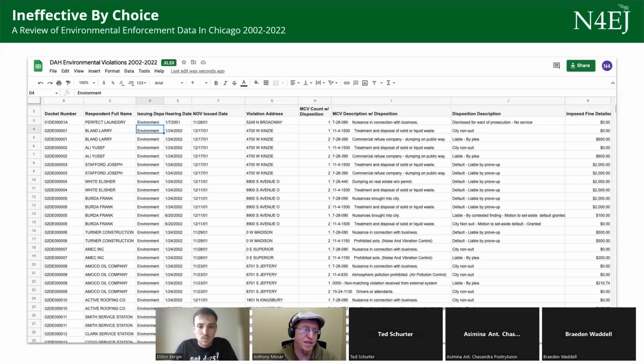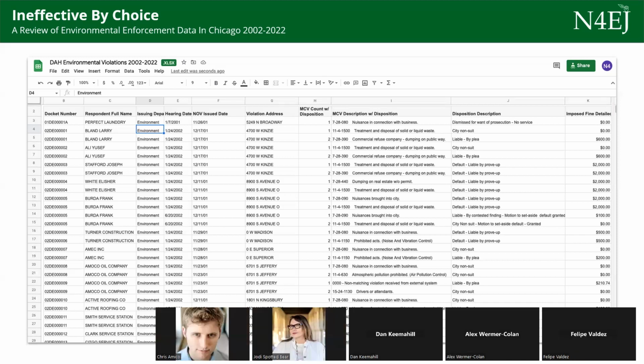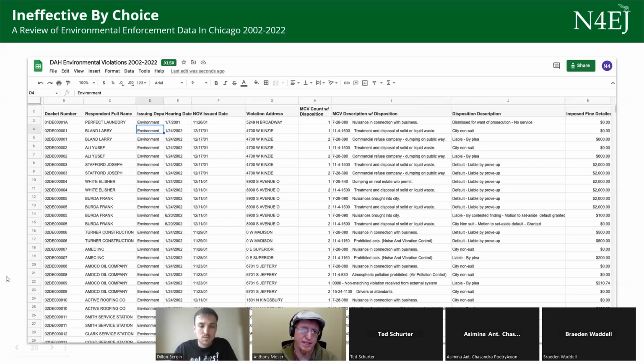Now what you can see here is that the data they gave me back is hearing level data. At least in Chicago, the way it works is that if you've got a company and they get inspected, and they're found to be in violation of a few different laws, say, which might be air pollution, failure to control your materials, business nuisance, you might have three or four different things they could be cited for.